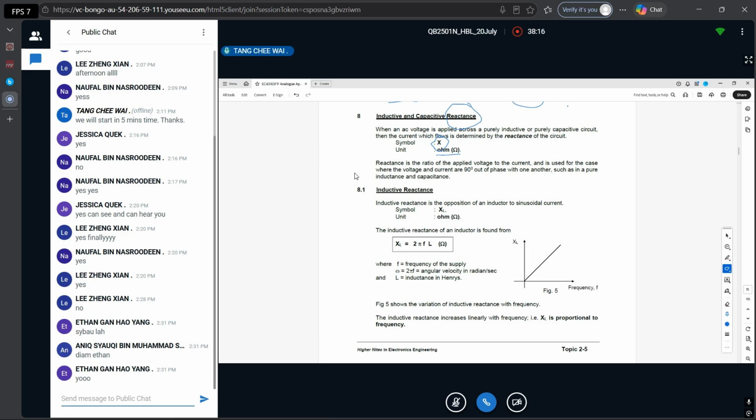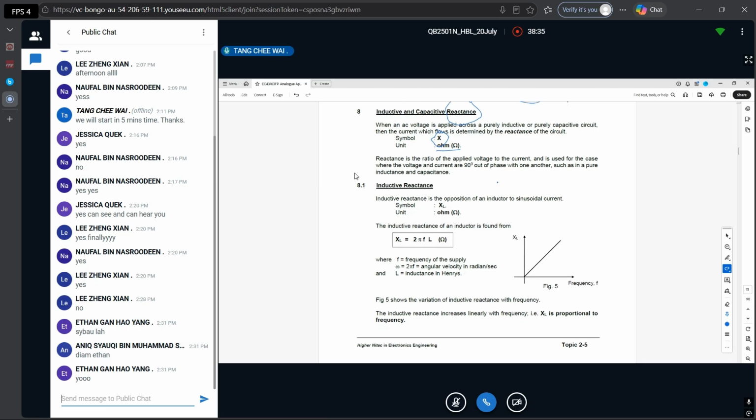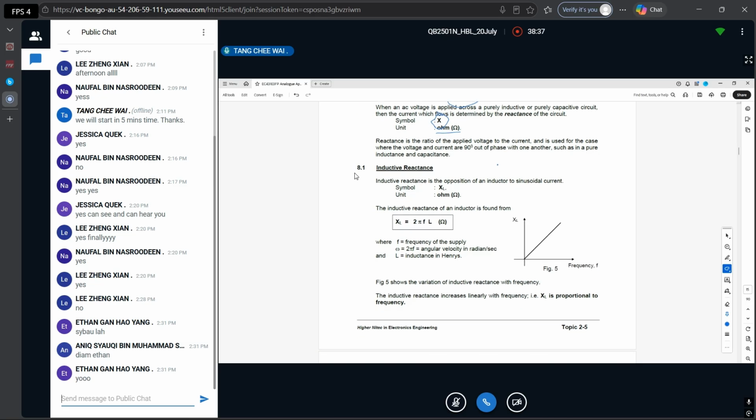Can you take note first? First thing first, for an inductor and capacitor, you have resistance, but you don't call it resistance. We call it reactance because it's an AC circuit. And so I move on. We start off with the inductive reactance first.